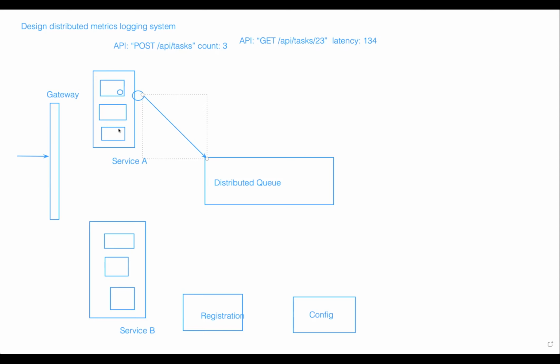Service A can ask the registration service for the broker IP addresses of the distributed queue, and can even do client-side load balancing. Or, if we do not want that, we can do server-side load balancing by adding a load balancer in front, with a private domain name. Either way can work, right?